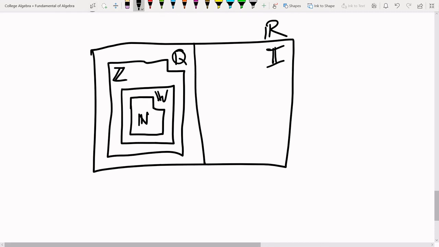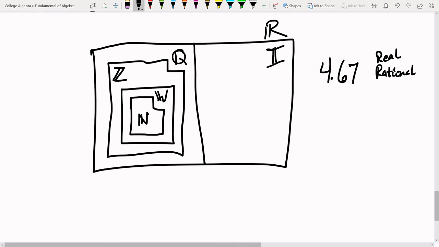Now, if I were to ask you, what is 4.67? What are all the classifications you can give for this number using these real number sets? Well, first off, we know it's a real number, so we can give it the label real. What else can we give it? Well, it is a terminating decimal number, which means we know it is rational.